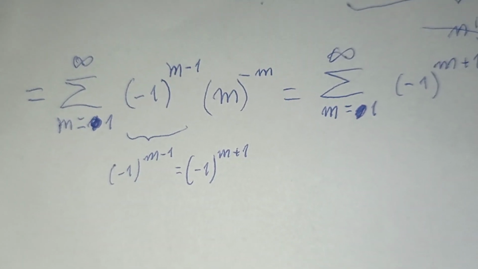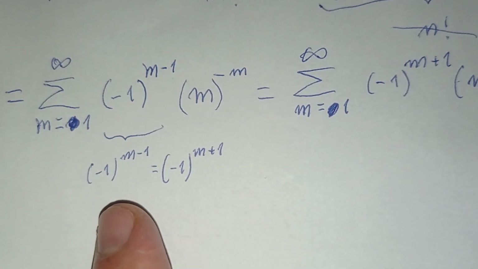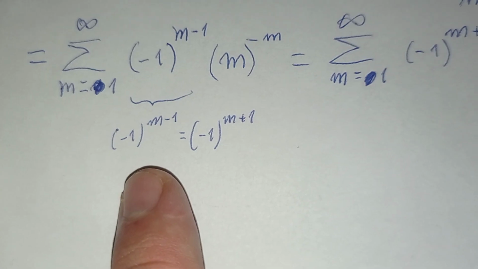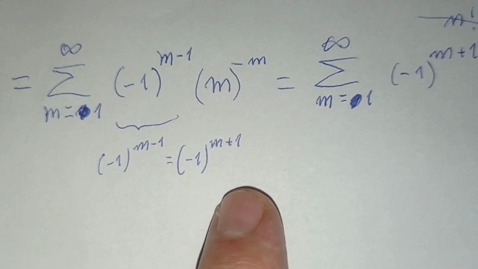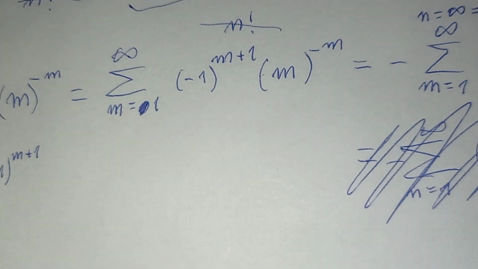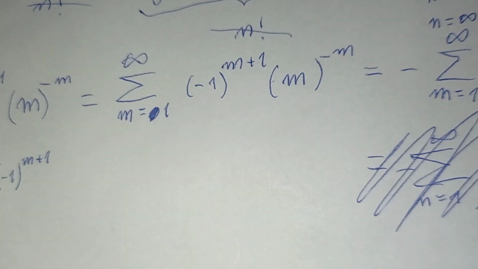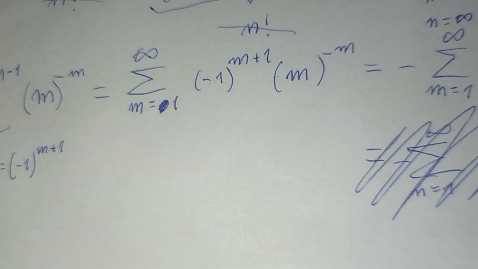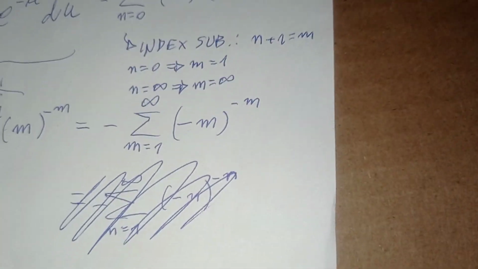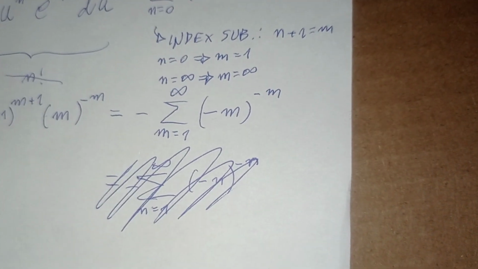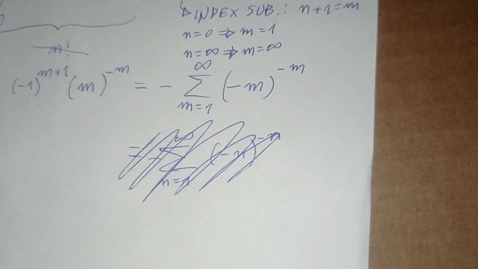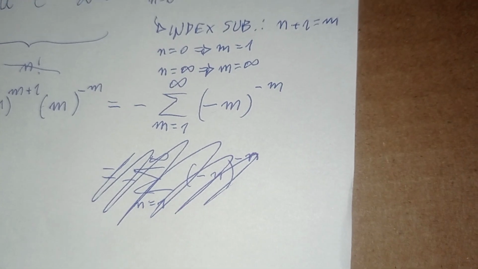But remember that via parity, (minus 1) to the m minus 1 is equal to minus (minus 1) to the m, which means that the sum from 1 to infinity of (minus 1) to the m minus 1 times m to the minus m is the sum that we want already, which is minus the sum from m equals 1 to infinity of (minus m) to the minus m.